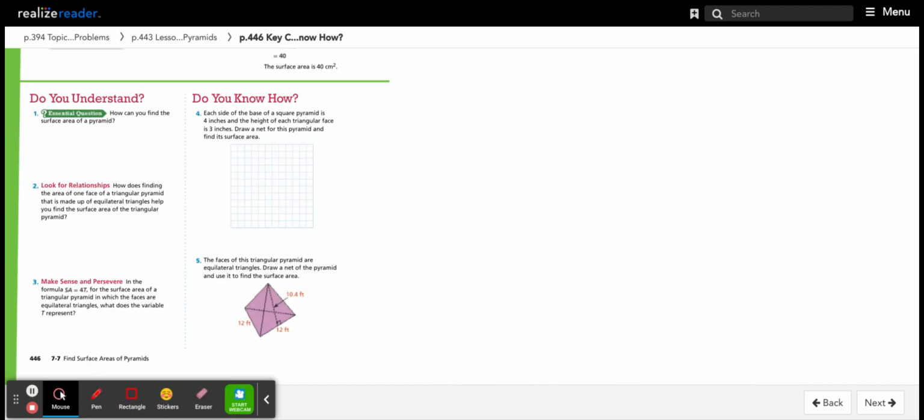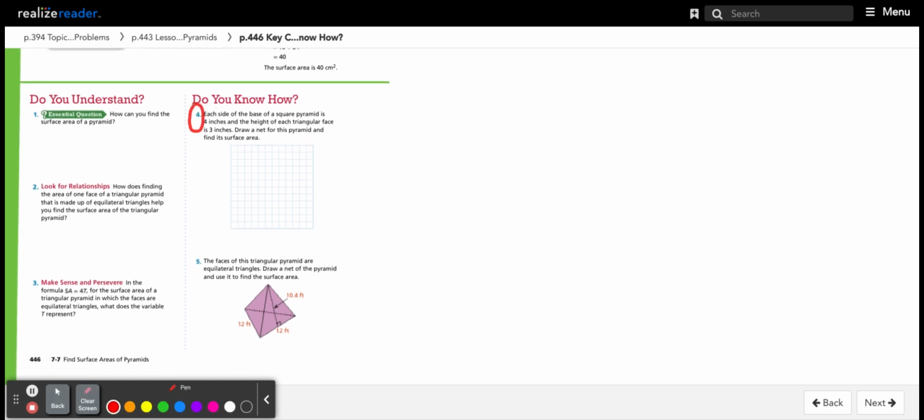Okay, we're going to try one more. We're going to try number 4 here. So it says each side of the base of a square pyramid is 4 inches, and you can sketch this in your notebook. So I'm going to start by making my square, and I will have 4 and 4, right? All the sides are 4.